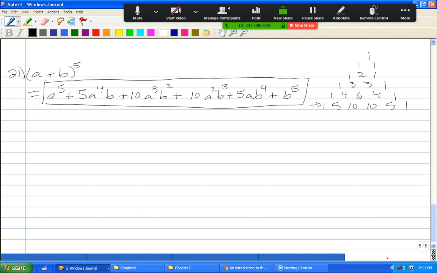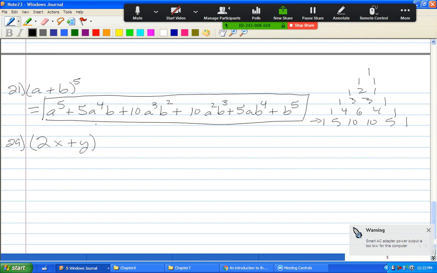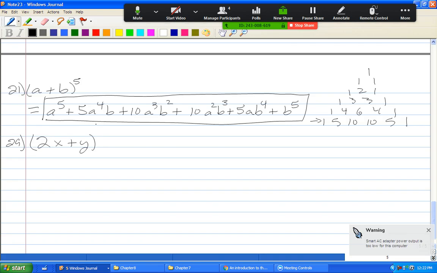Let me do problem number 29. And so it says (2x+y) to the third.